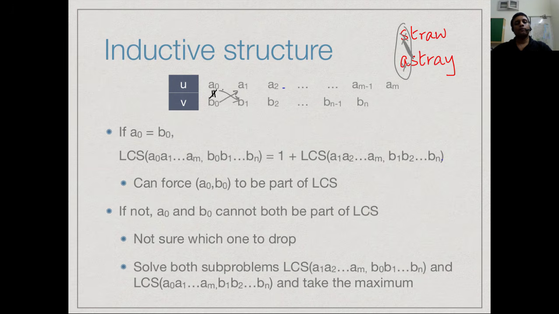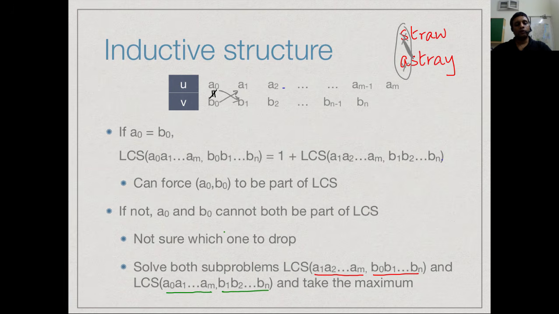So if I leave B0 and I drop A0, then I get a subproblem which has A1 to AM and B0 to BN. If on the other hand I keep A0 and I drop B0, then A0 to AM remains, but now it's B1 to BN.